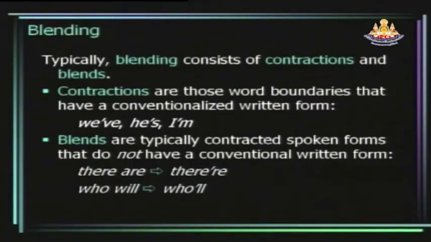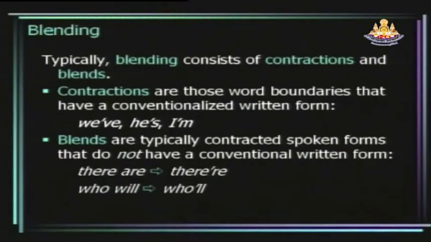A blend is very, very similar. The only difference is that a blend does not have a written form. So there are is usually pronounced there's. There are 6 people in the room today. There's. We don't normally write it that way, but that's the way that we generally pronounce it in spoken English.